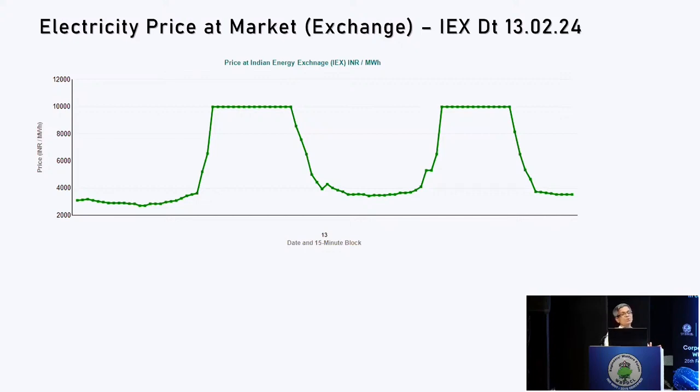Say from 12 to 12:15, 12:15 to 12:30, every 15 minutes we have to give a schedule. We have to forecast that this is our demand and how much power we will import from different sources. If there is any deviation from the projection, there could be a penalty on the distribution company.